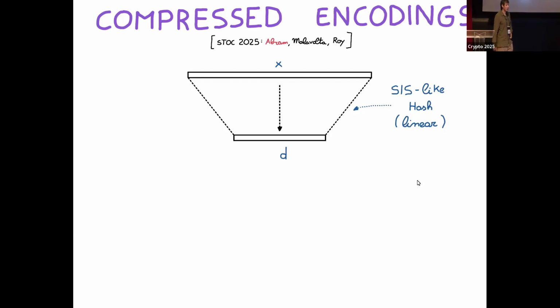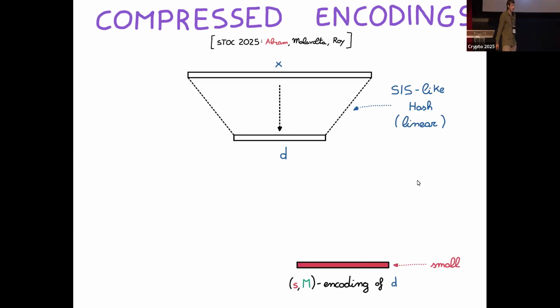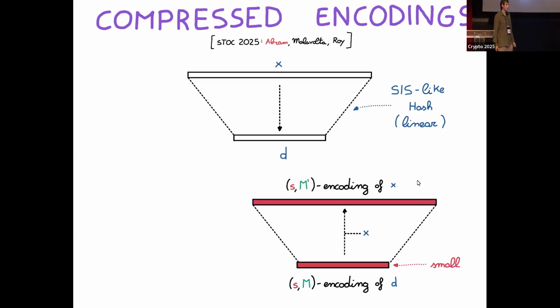There we build this particular SIS-like hash function, therefore a linear hash function, that can be homomorphically inverted on an encoding of a digest, as long as we know a preimage of this digest. Suppose we have an encoding of some digest D, for which we know a preimage, therefore a small string. Then we can homomorphically expand this to an encoding of the preimage X.